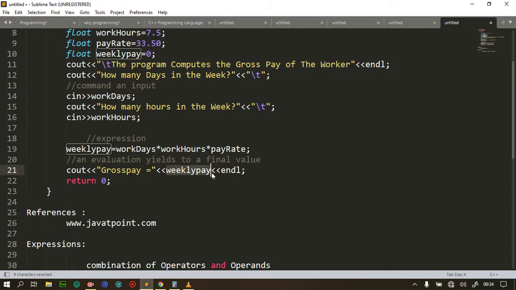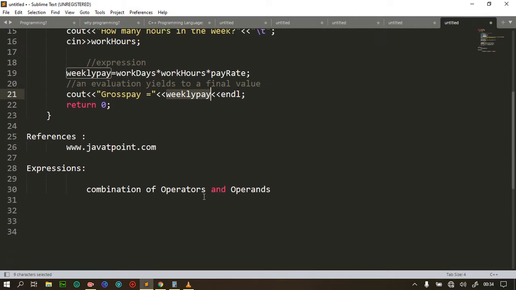Now, in some cases, an expression may also produce what we call side effects. We are moving slowly.